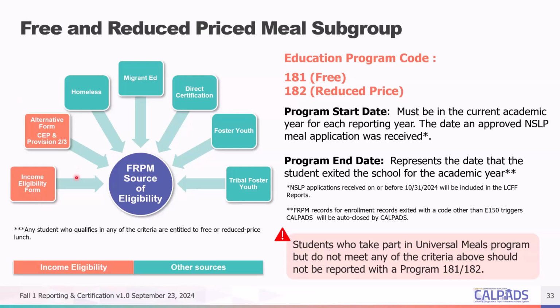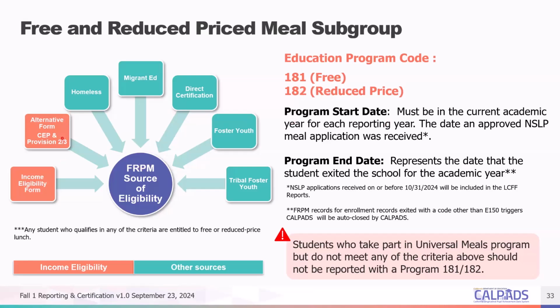Okay, so let's first discuss these two areas here. You have your income eligibility form. Any student who fills out the form and you receive it on or before 10/31, if the forms turn out to be eligible, then they automatically receive a 181 or 182, depending on the income threshold, right?